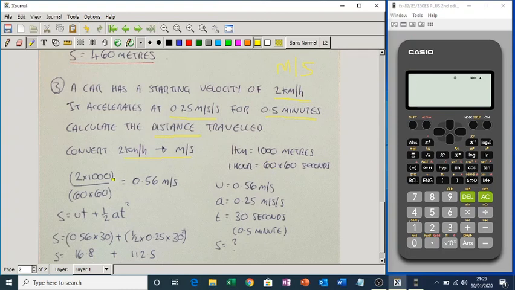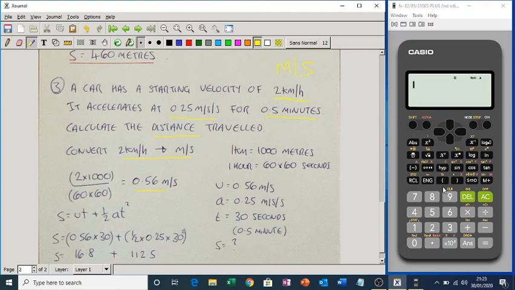So the first thing I'm going to do is convert that 2 into meters. So 2 kilometers is 2,000 meters, so it's 2,000 meters per hour. We want to be in seconds, so you need to divide the meters by how many seconds in an hour, which is 60 by 60, which gives you this.